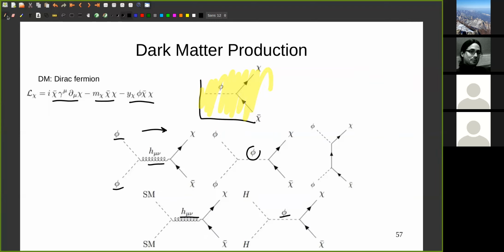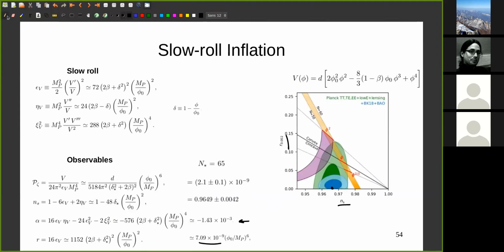Sorry, I have a question. Sure. The interaction which you introduced breaks the slow-roll condition. I mean, it breaks the shift symmetry of phi, right? No, I don't have a shift symmetry.